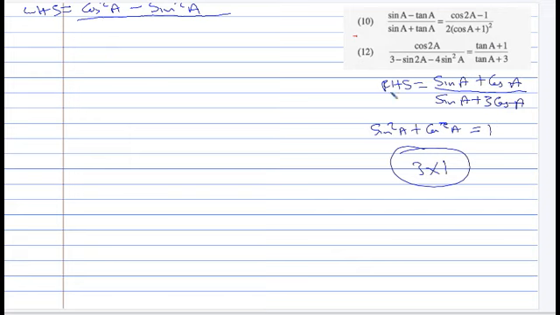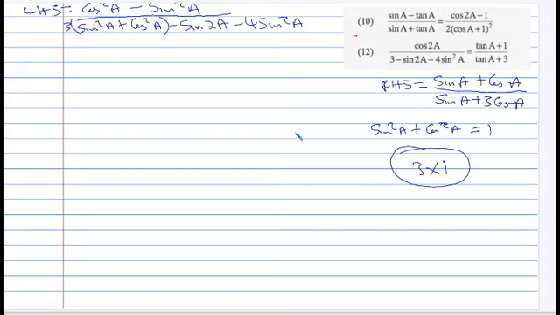So this 3 times 1, I'm going to write it as 3 multiplied by, instead of writing the 1, I'm now writing what is equivalent to that one, the square identity. So in bracket, it's sin A squared plus cos A squared, close that. And then we come to this one here, minus sin 2A minus 4 sin A squared.